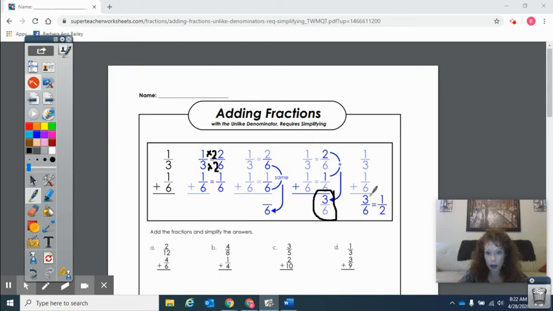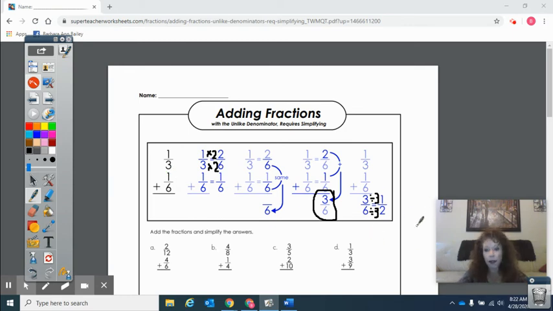So if we divide 3 by 3, 3 divided by 3 is 1, and 6 divided by 3 is 2. So back to my original problem, 1/3 plus 1/6 is actually equal to 1/2.